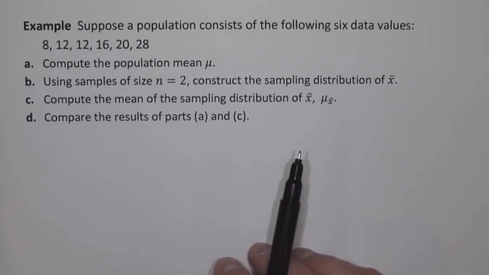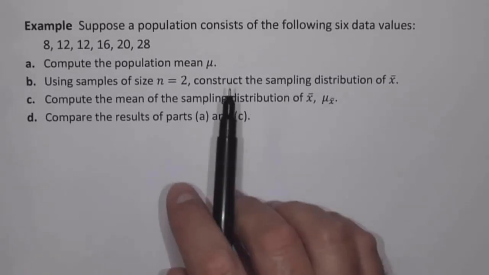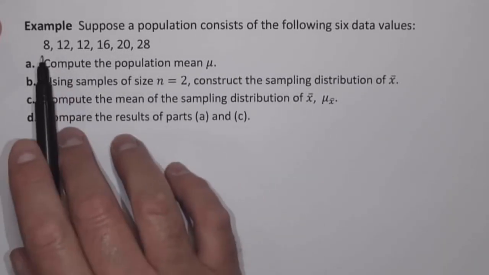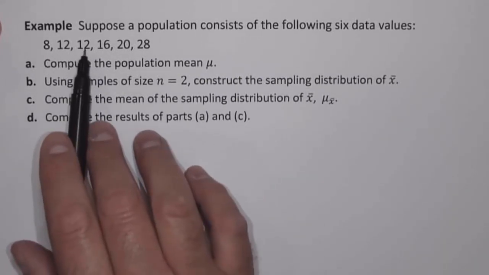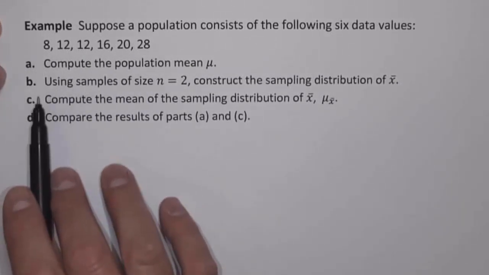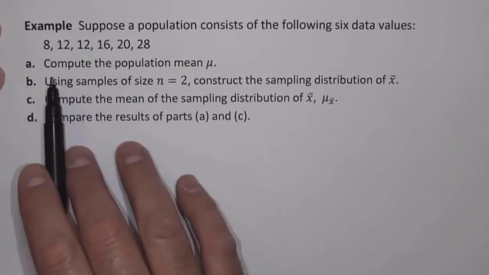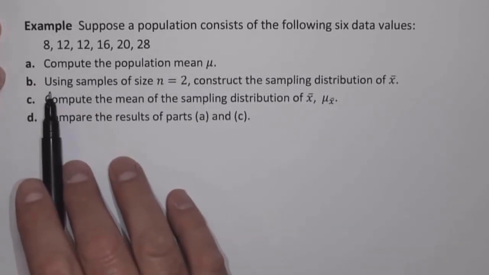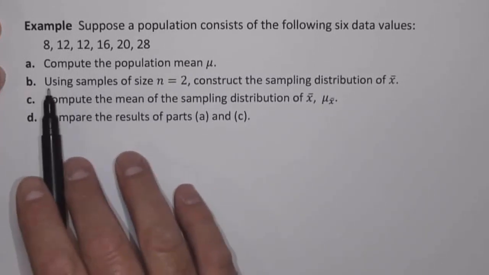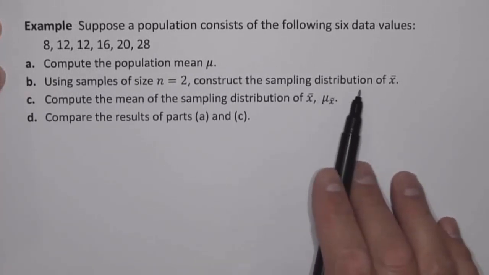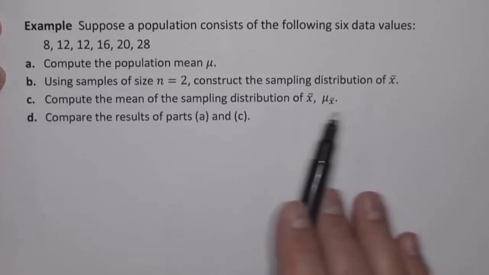So suppose a population consists of the following 6 data values. So we have 8, 12, 12, 16, 20, and 28. We have 4 parts to this problem. In Part A, we want to compute the population mean. In Part B, using samples of size n equals 2, we want to construct the sampling distribution of x bar.